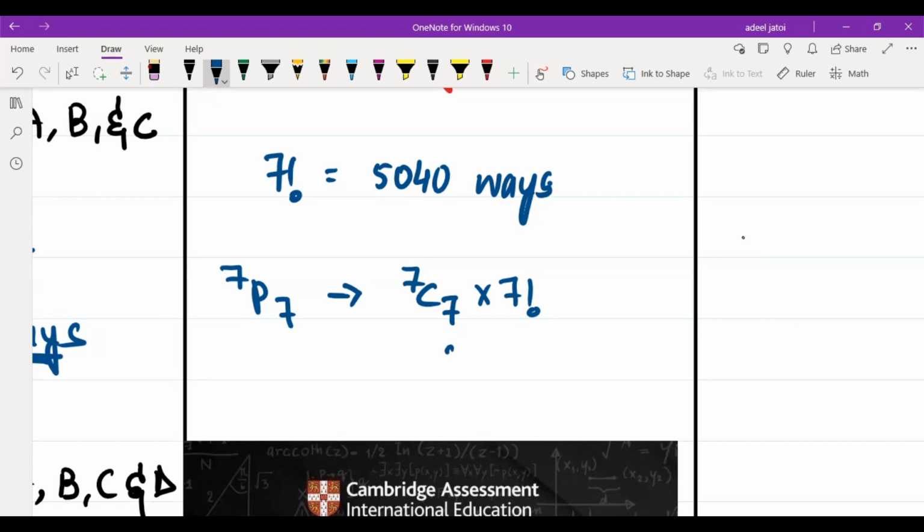So the answer for this will be 5040 ways. So why do I go forward to think about selection when it is already 7C7? I directly use 7 factorial. That is the reason I do not use P, to make sure that we as candidates understand the difference between the factorial, the difference between the C, and the difference between the P.